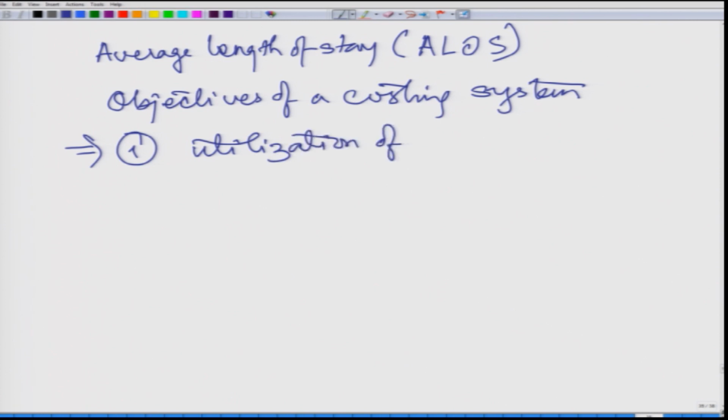The average length of stay in the oncology department may be much more than in, say, the orthopedics department, or cardiology, or ophthalmology.